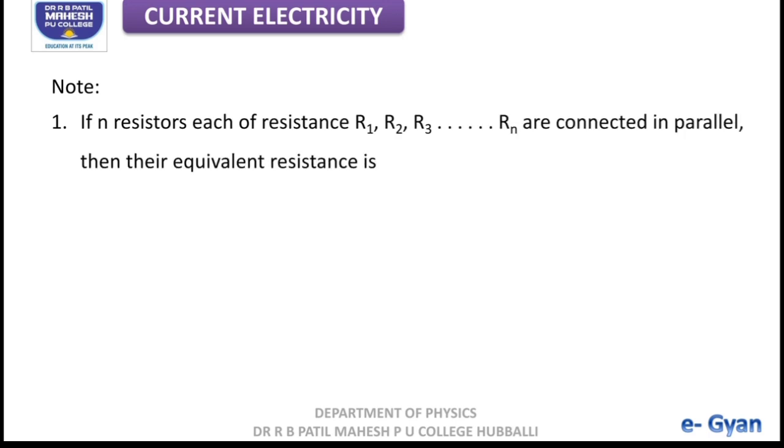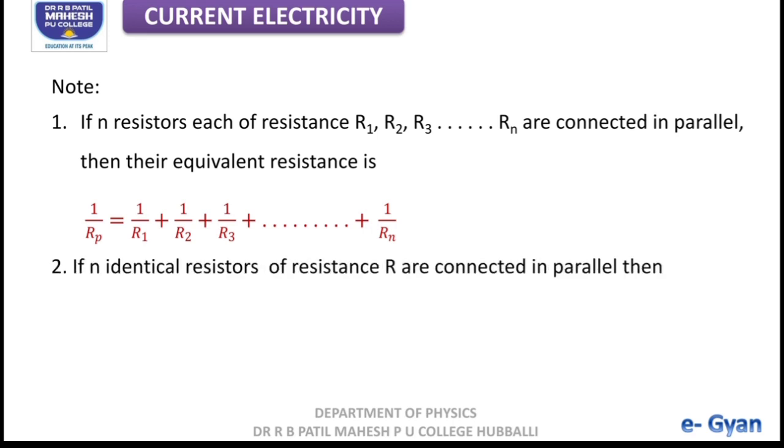We have a few points here which you need to remember. First one, if n resistors, each of resistance R1, R2, R3 and up to Rn are connected in parallel, then their equivalent resistance is given by 1 by Rp is equal to 1 by R1 plus 1 by R2 plus 1 by R3 and so on up to 1 by Rn.